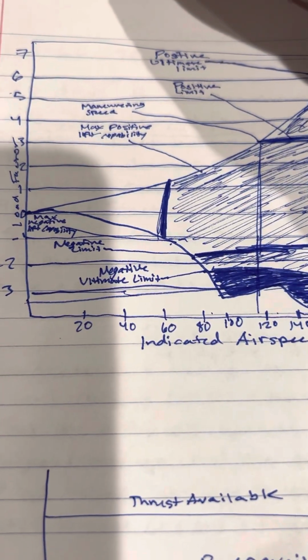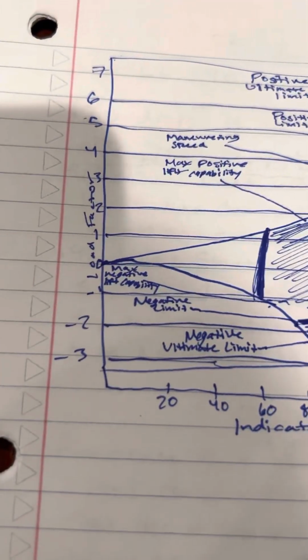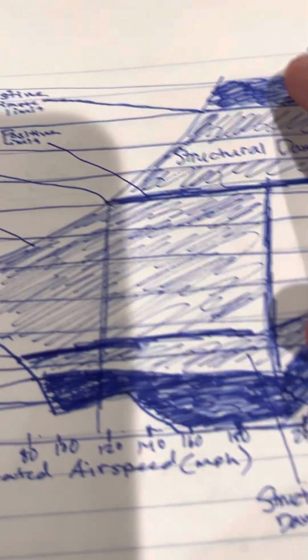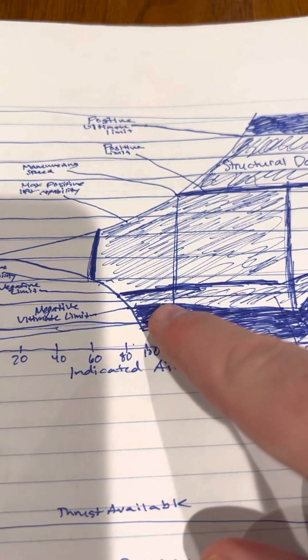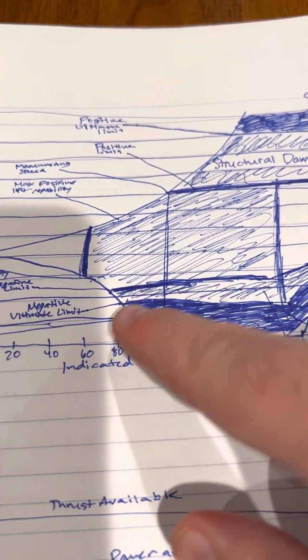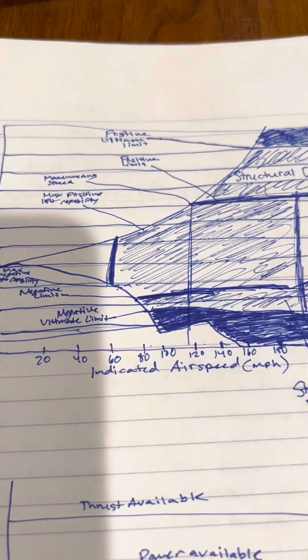And then we have the positive ultimate limit, which is the barrier between that red and orange area right here. And then we have the negative ultimate limit on the bottom of the diagram that is between the red and the orange as well.